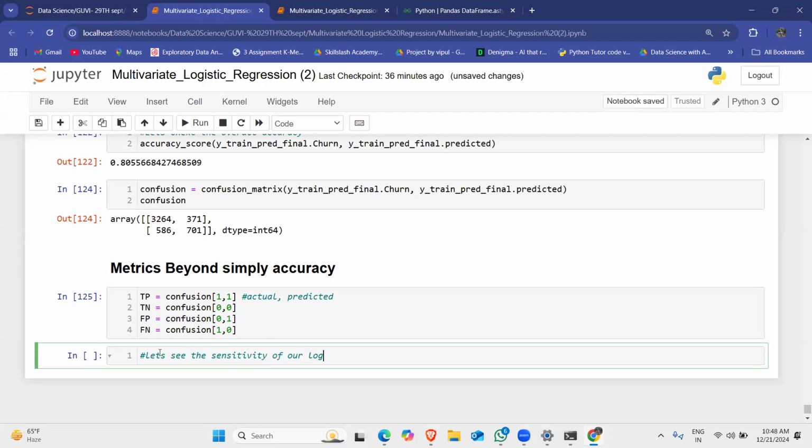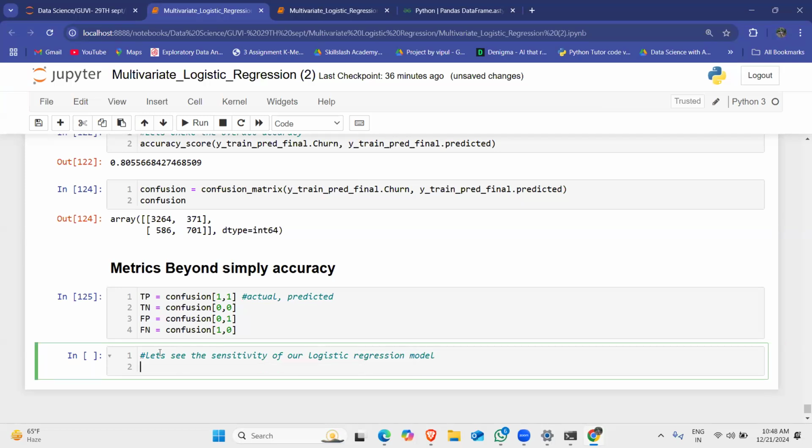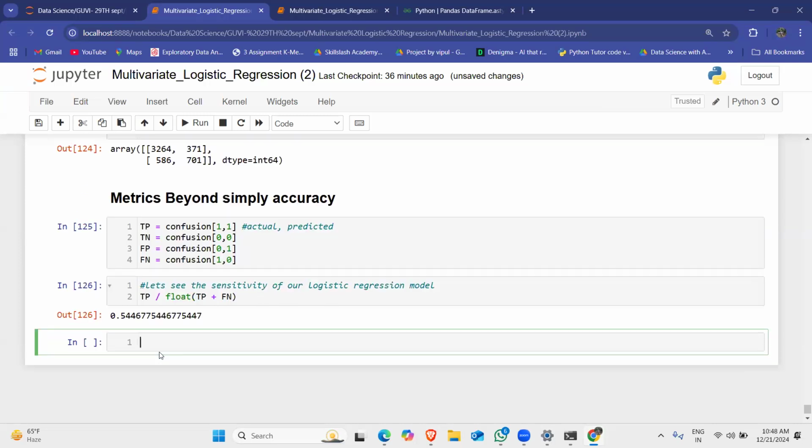Right, so let's see the sensitivity of our logistic regression model. So TP, you don't need to do this because this is just a manual calculation. We have a package for that. Sensitivity and specificity, we have not seen this. We'll see that.